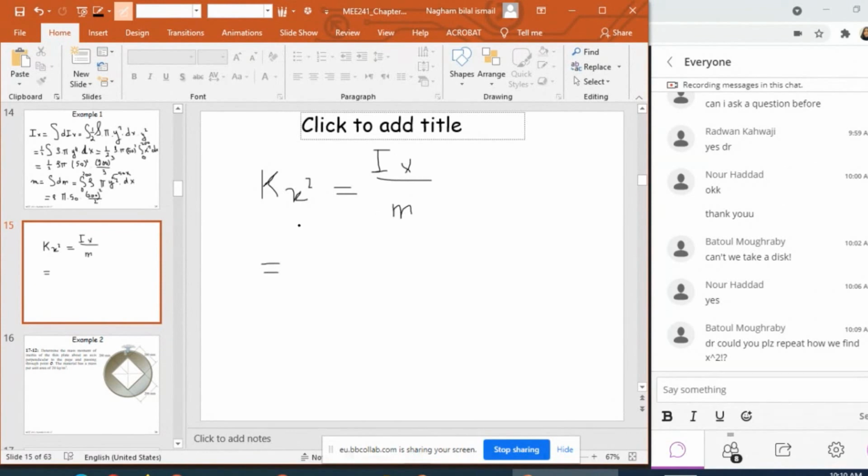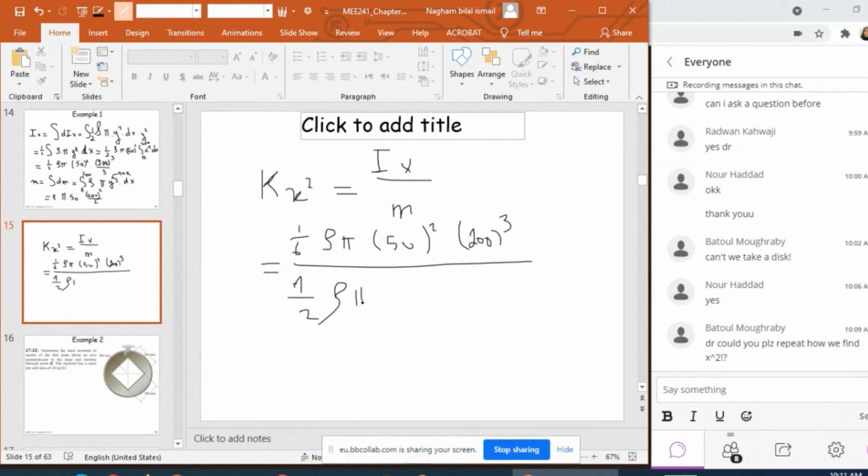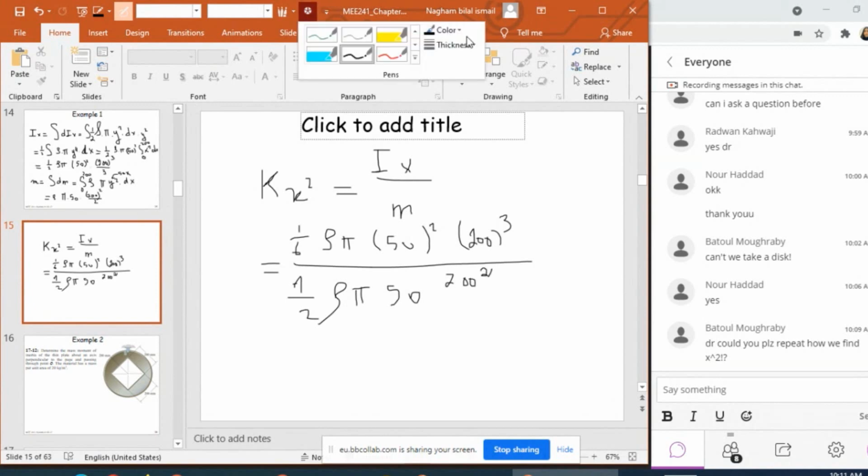And I know that Ix is 1 over 6 rho pi 50 squared 200 to the power 3, over 1 over 2 rho pi 50 200 squared. All right, so if you do the simplification now, you can have the answer.